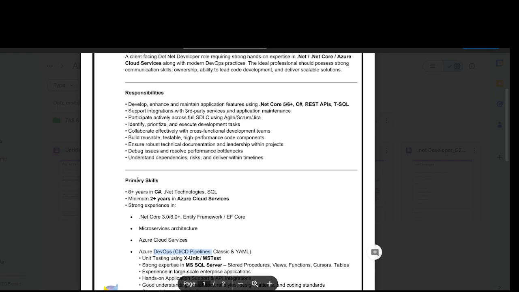And as a requirement, it's mentioned there that a C sharp and .NET developer must have 6 years of experience. A person with the experience has already solved business problems, built features under pressure, fixed issues, improved performance, and all those things.